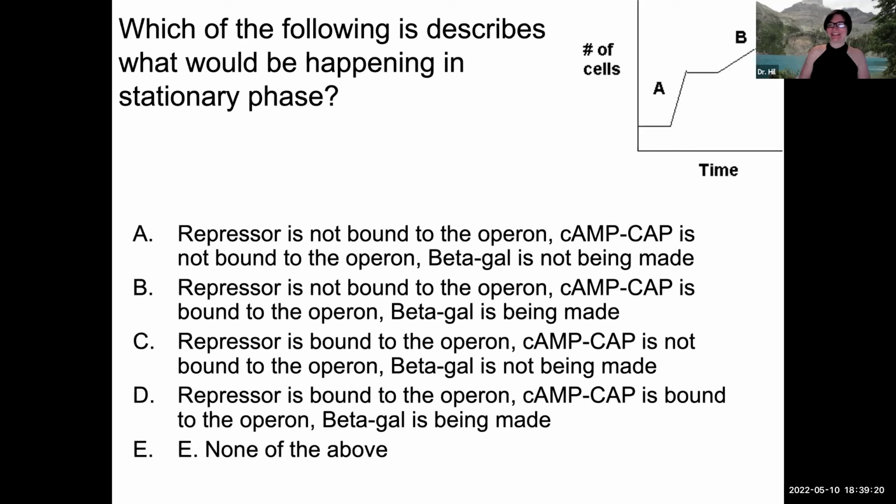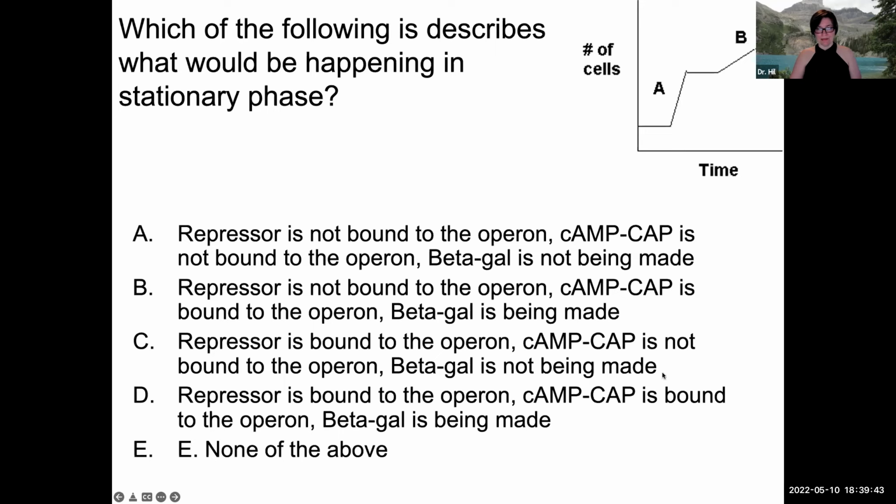What's the answer? Yes, sometimes the answer is none of the above. And you're only going to know that if you pay attention to detail. Both of these have aspects of them that are correct, right? They both say the repressor is bound, which is true.